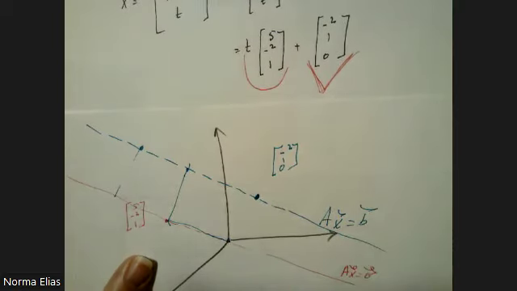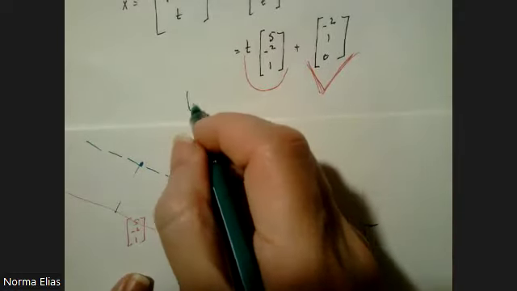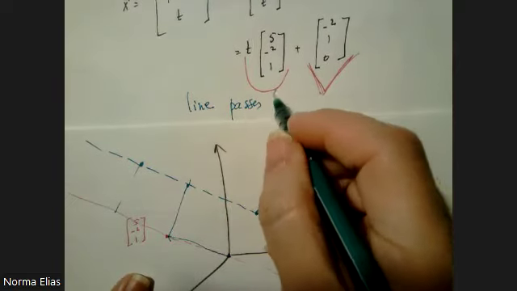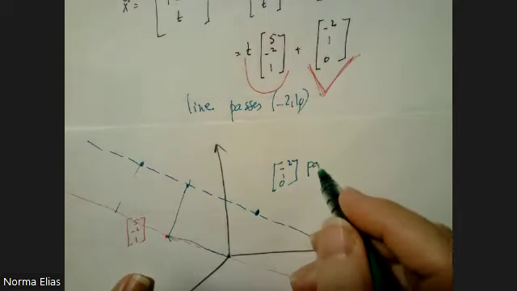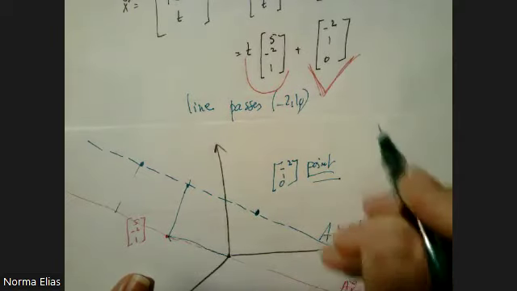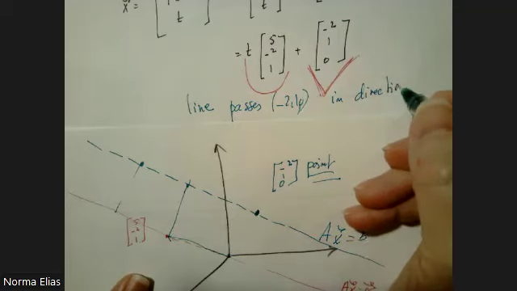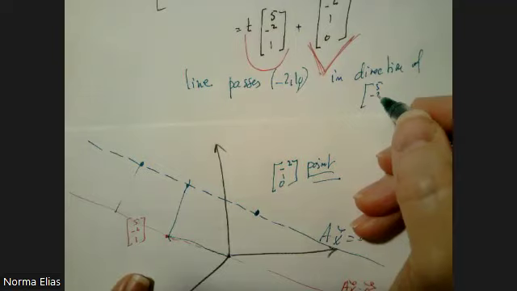So the solution of Ax equal to b is going to be the line which passes through -2, 1, 0. That's going to be the point on the line, and in the direction of 5, -2, 1.